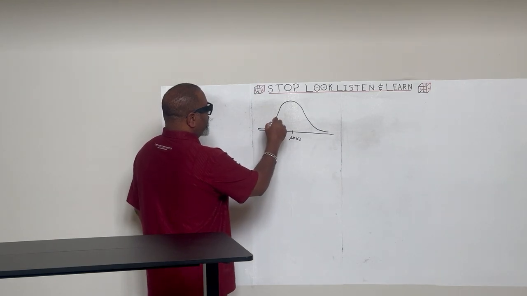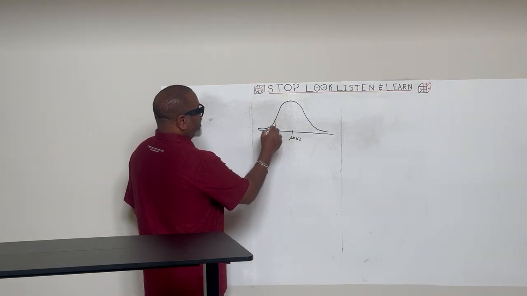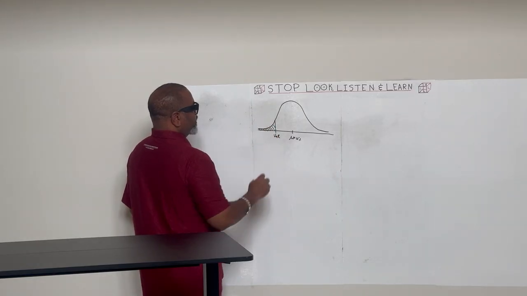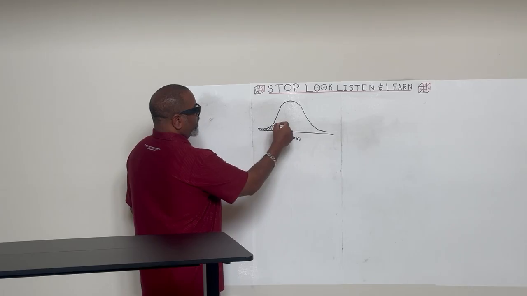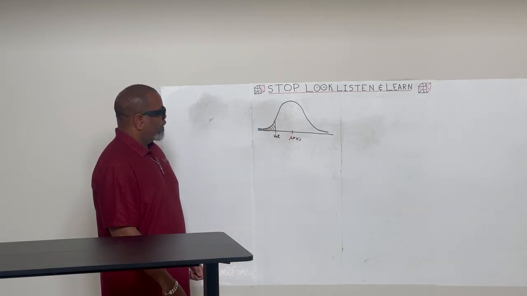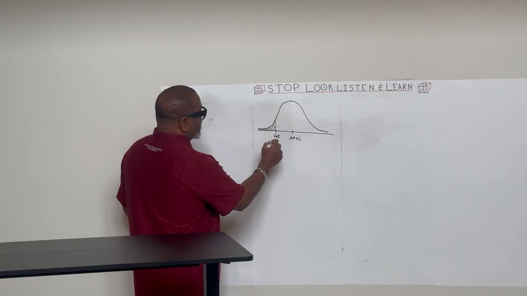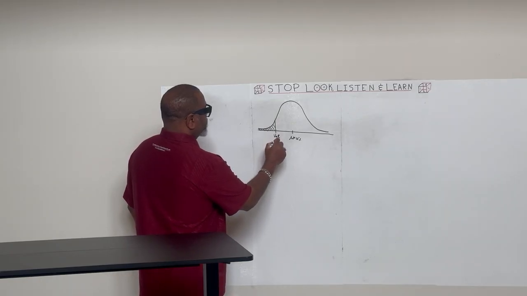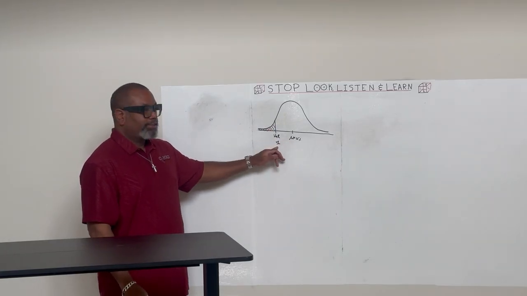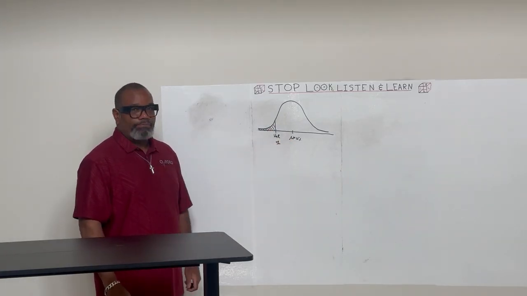So what that means is that you're going to have a certain percentage of the losses or returns in the tail here, and then over here you're going to have the rest of the data. So let's say this is -1 here, meaning that VaR is 1 standard deviation below the mean.